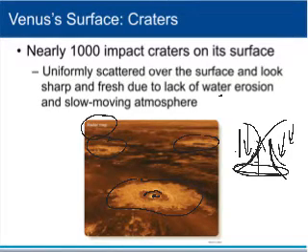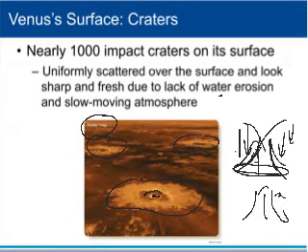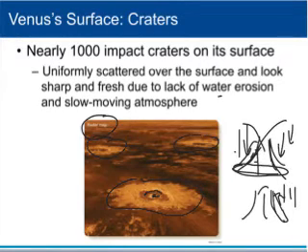So when lava comes out of a volcano on Earth and flows down, there's going to be a lot of ash and a lot of debris, and then it rains and washes away a lot of it. And over time, eventually all that erodes away. But on Venus, you're not going to get that erosion. So it always looks like the volcanoes just erupted.